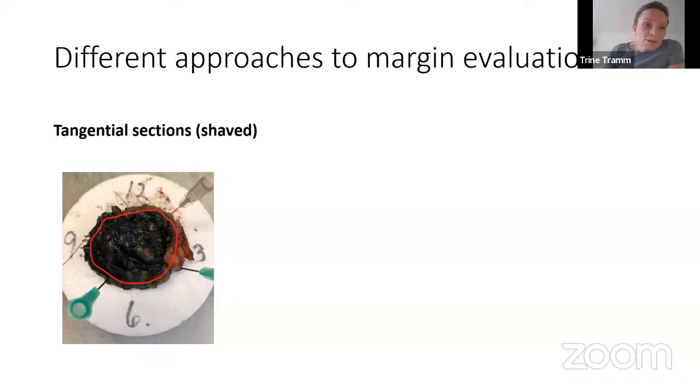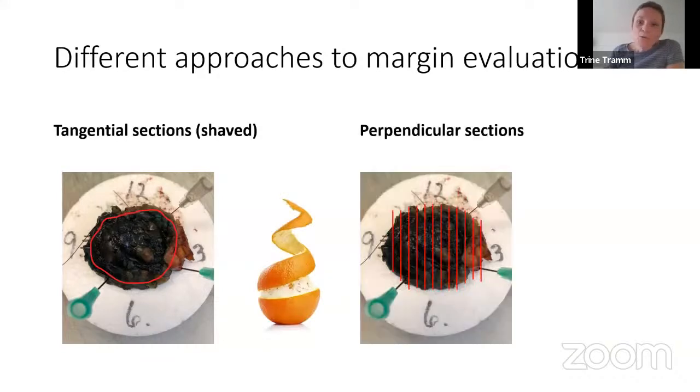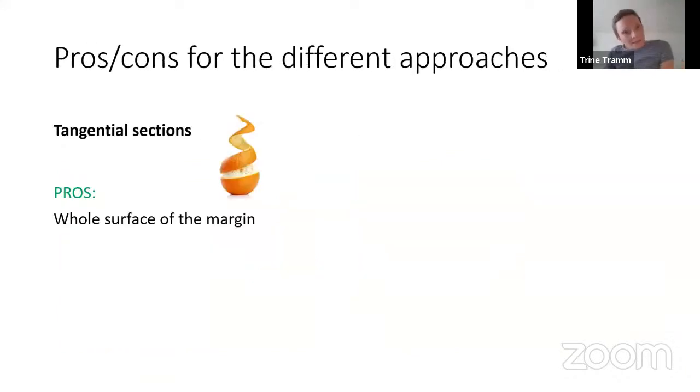So you can either do tangential sections, which is sort of like peeling an orange, or we can do perpendicular sections, which is more like slicing an egg. And there are advantages of both of them, but also something that goes a bit against this.